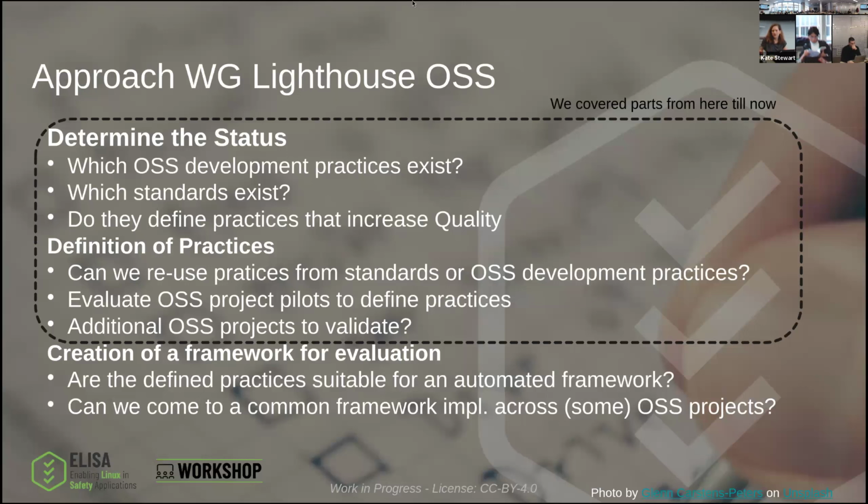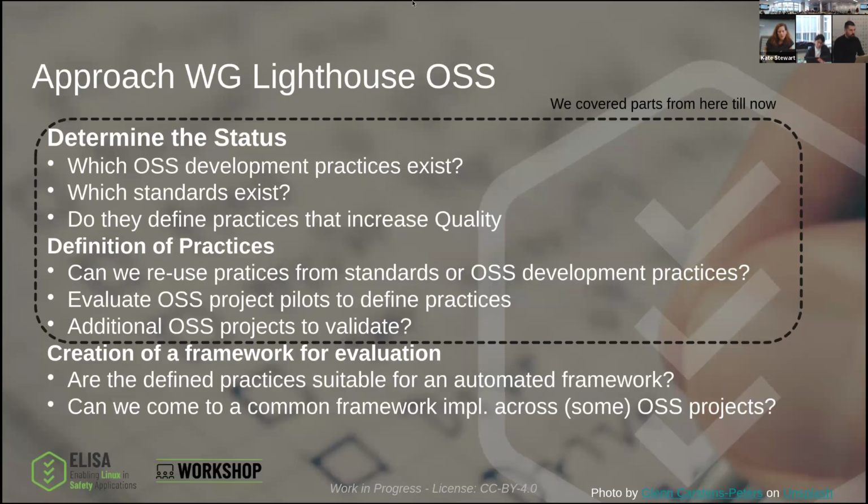Then we want to define the best practices, basically see what we can reuse from standards or from open source development. And there's also the part that we want to evaluate OSS projects to see how well they define those practices and have some pilots and see, is this evaluable? Do we gain some insight from there?